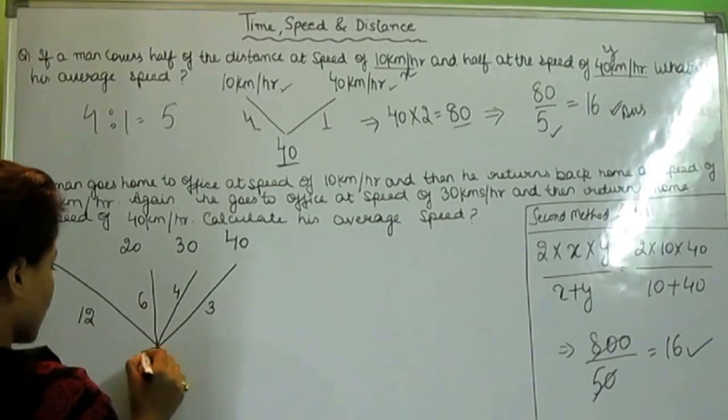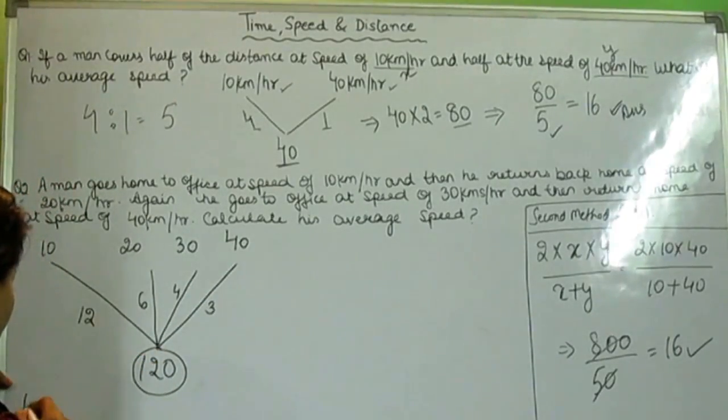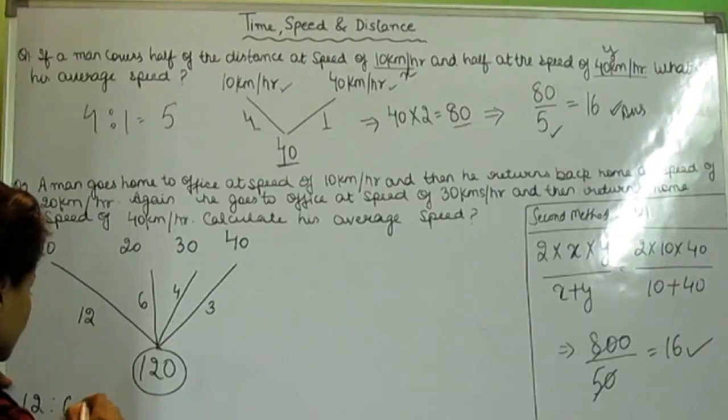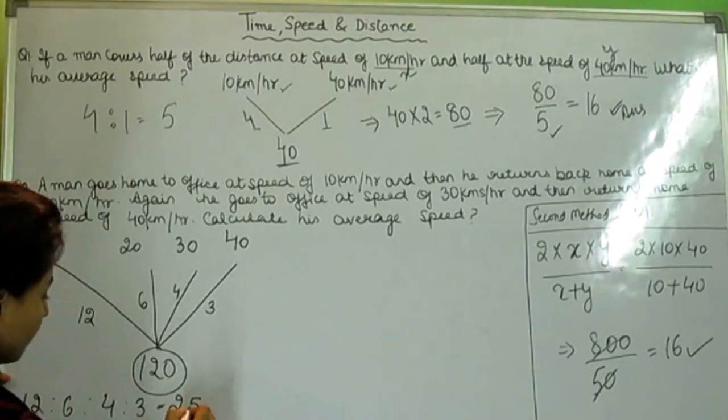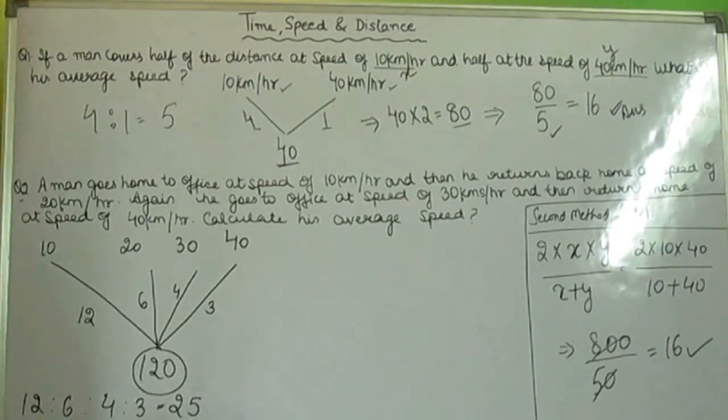What is the ratio? The ratio was 12 : 6 : 4 : 3. What is the total? 25. This is the first step.